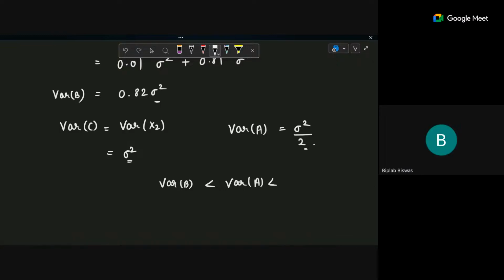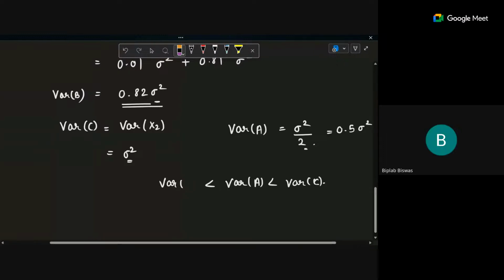A is 0.5. And then you are saying variance of C. So 0.82 and 0.5, which one is bigger? B is bigger actually. It should be CBA in decreasing order.